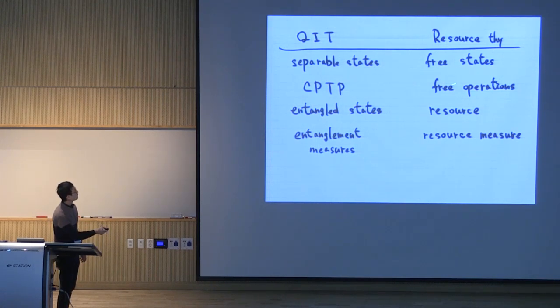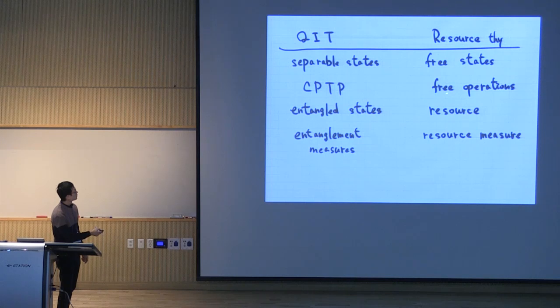Once you define free operations, mathematically you can define what the free states are. Then if you perform a free operation on resources, the resource will be consumed after free operations. This is what resource theory deals with.